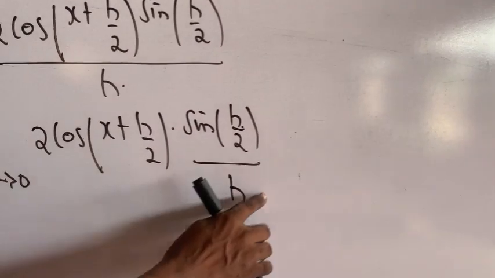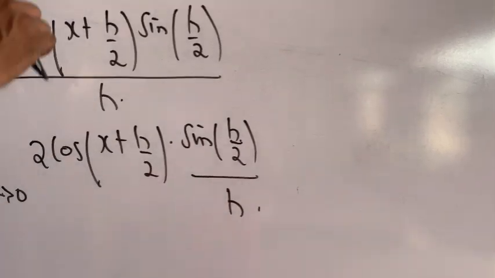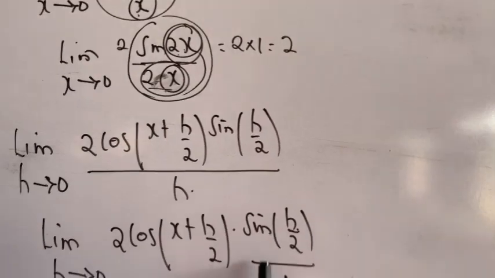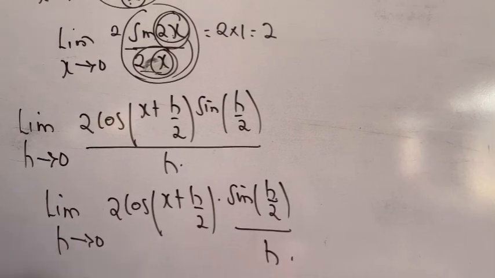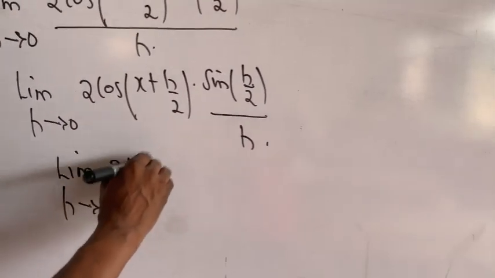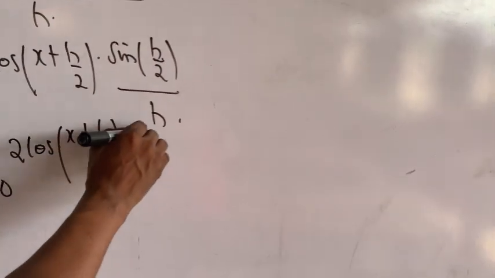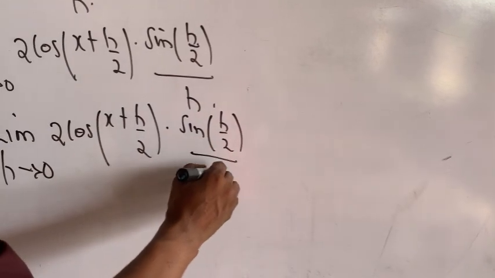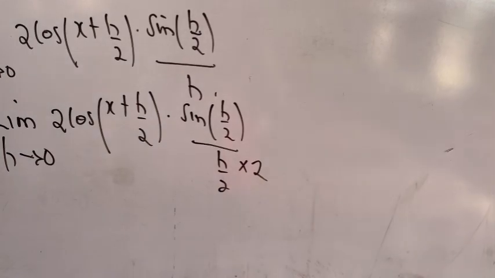Here is yet to be h over 2. So if I'm introducing here a division by 2, that means I will multiply with an equal variable, just as we did here. I need to multiply with an equal variable to ensure the 2 I'm introducing is not having any effect on the original question. The limit as h tends to 0 of 2 cos(x plus h over 2) times sin(h over 2)... So I'm introducing 2. That means I will multiply with an equal variable.